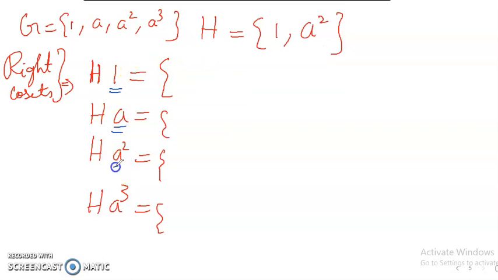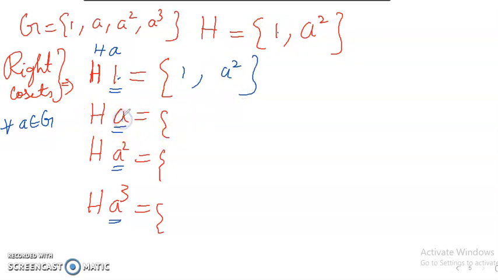These are elements from G. We have to take all a in G: for every a in G, we are defining Ha, where a is 1, a, a², a³. Now what is H·1? 1 times 1 is 1, and a² times 1 is a².